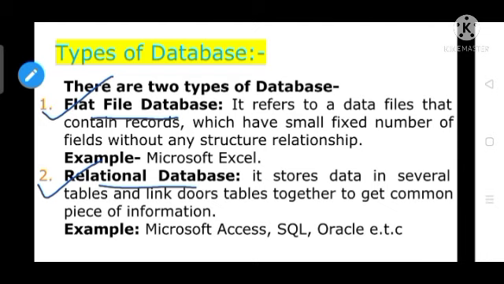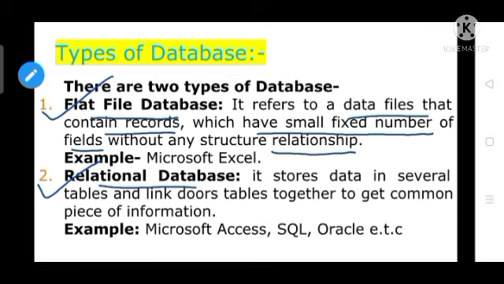Generally, flat file database refers to data files that contain records which have a small fixed number of fields. It means in a flat file database we can use only a small number of fields, and it does not show the relationship between the tables of the database.